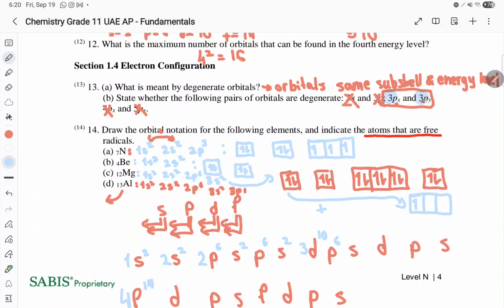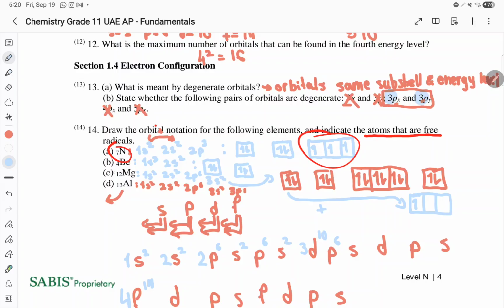So a free radical is an atom that has unpaired electrons. So what I mean is, look, N here has 3 unpaired electrons. You have 3 electrons in its p orbital, but you also are missing 3. But we can't put these 3 because we don't have any more. So N is considered a free radical.